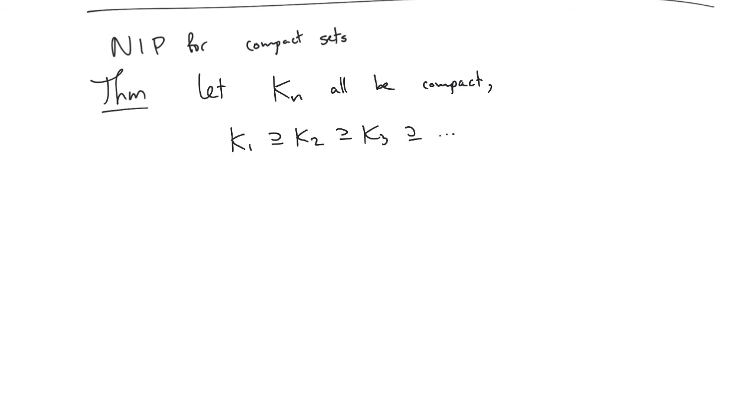The nesting is all those subsets. And then, what does the conclusion say? The nested interval property says the intersection of all these things must be not empty. And that's what the conclusion here will say. The intersection from n equals 1 to infinity of Kn is not the empty set.